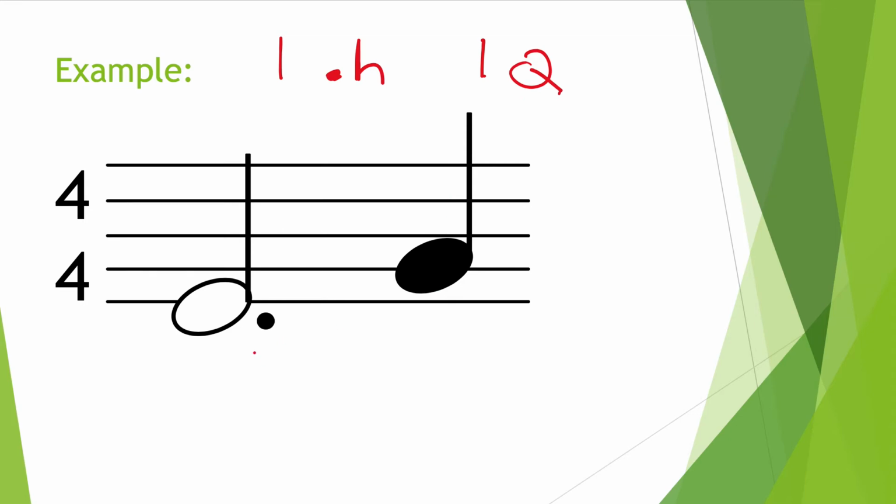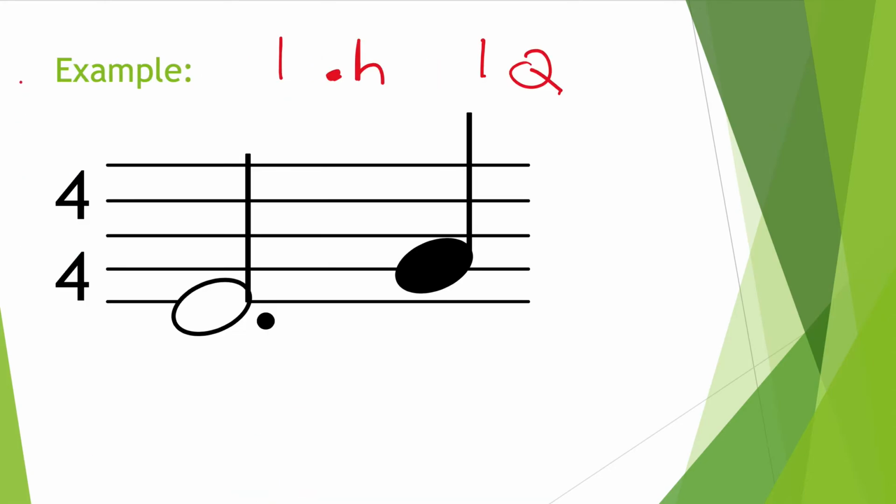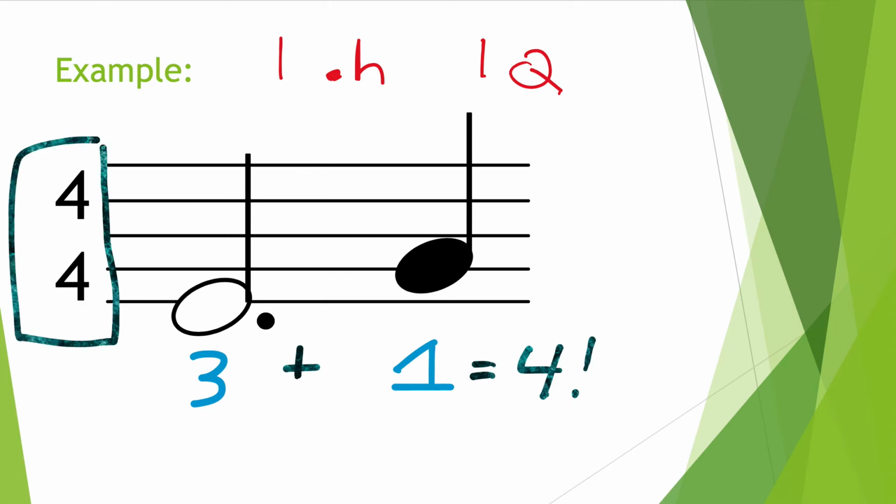So based on what we just talked about in the last slide, a dotted half note is 3 beats. So we know that this note gets 3 beats, and a quarter note, from the last video that Gracie made, gets 1 beat. So we know that these two values add up to 4, which works out over here.